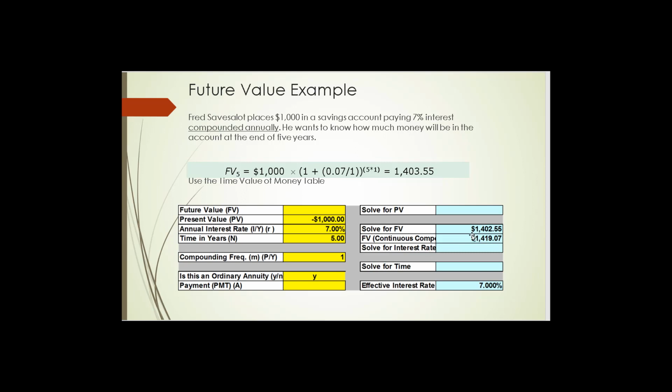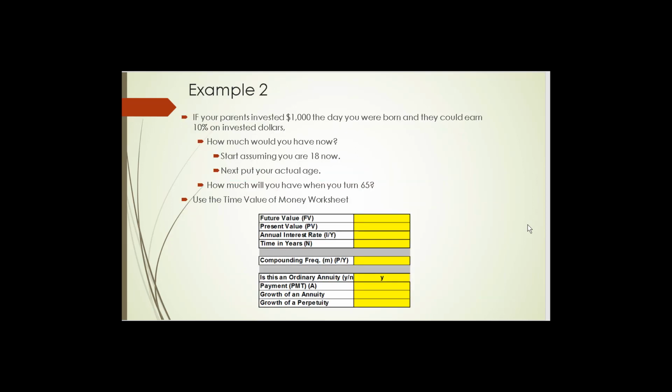The future value is $1,402.55. Again, slightly different value than up above, but they're in the ballpark. So we do have to, from time to time, worry about rounding errors. Using this formula probably didn't account for all the rounding that's taking place in the actual worksheet itself. Essentially, this is saying $1,000 grows to $1,400 and some dollars in 5 years if you can earn 7% interest.